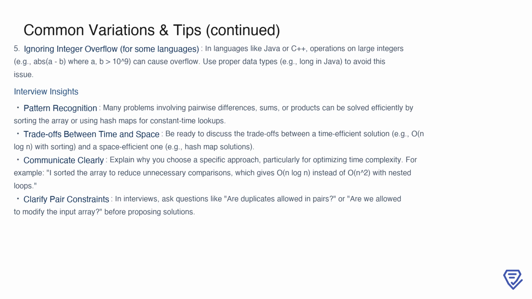For instance, sorting provides an n log n solution, but a hash map might offer n time complexity at the expense of additional space. Clear communication is vital during interviews. Explain why you chose a specific approach, like opting for sorting to minimize comparisons. Finally, never hesitate to ask clarifying questions, such as whether duplicates are allowed in pairs or if the input array can be modified. This ensures your solution aligns with the problem's constraints.